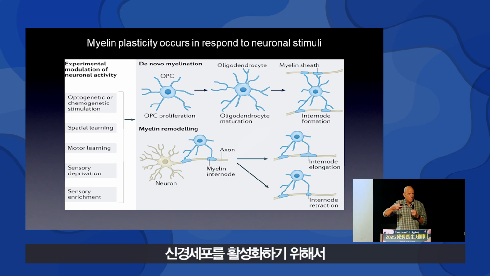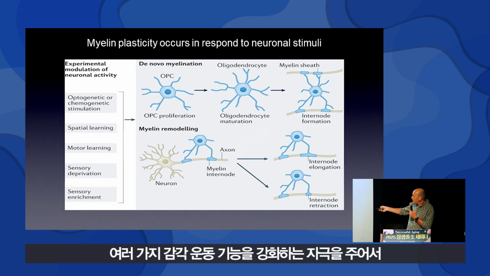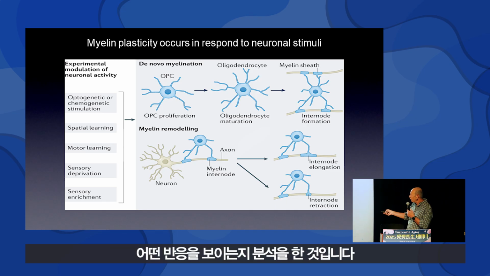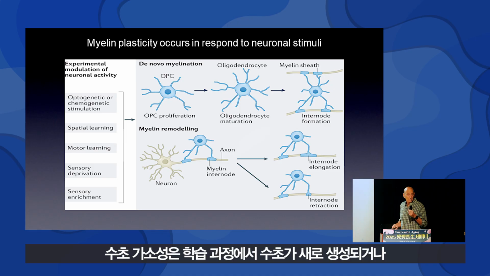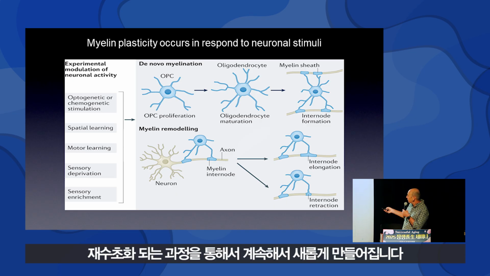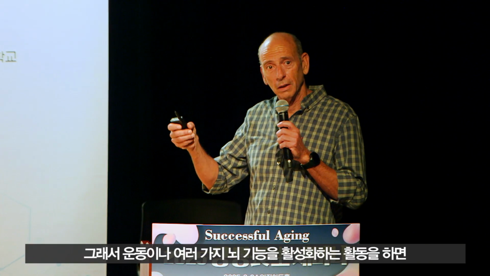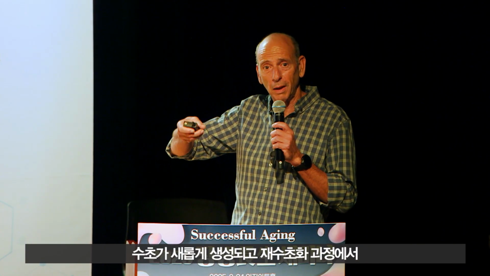You can activate certain neurons, or use different paradigms of learning and memory, both sensory and motor. You look now at myelin. What people saw is that during the learning process, myelin can be changed. You can have new myelin being made, other myelin fragments coming out and coming in, and it's a so-called plastic event. So activity and brain function can change myelin.